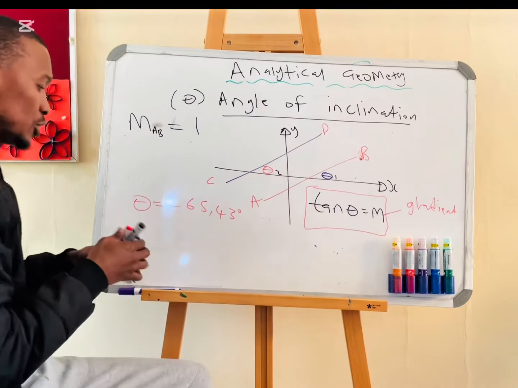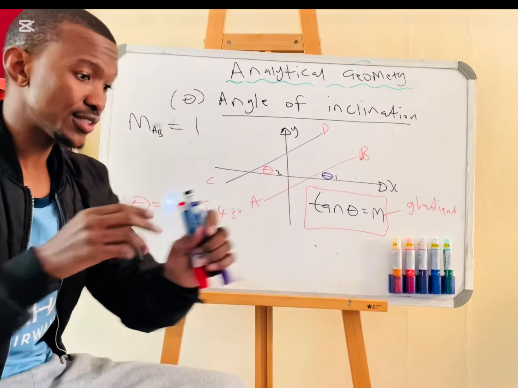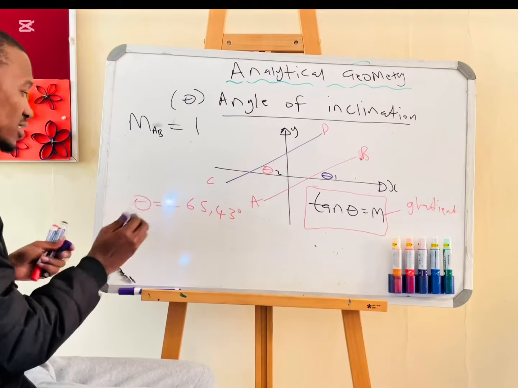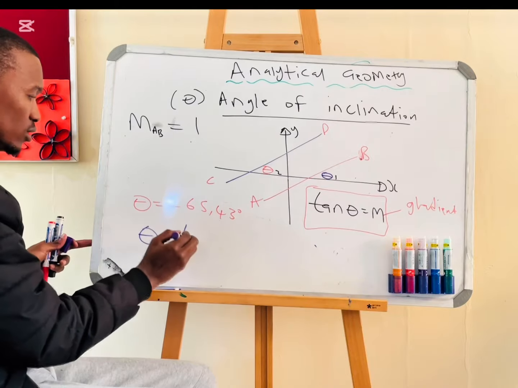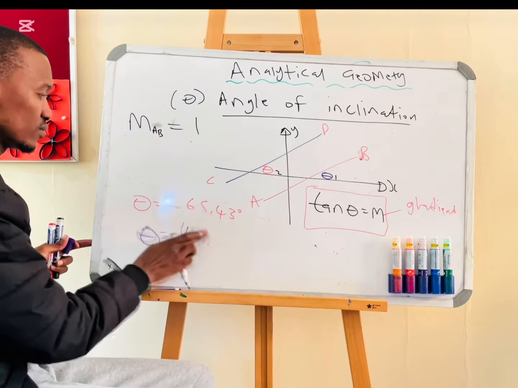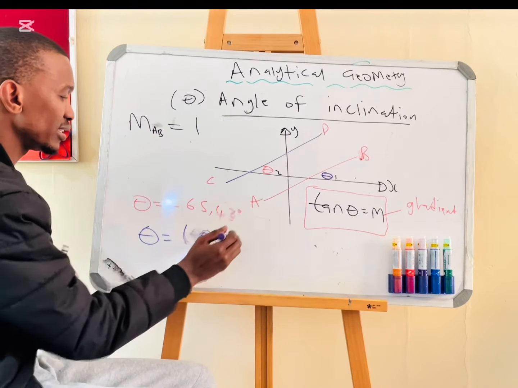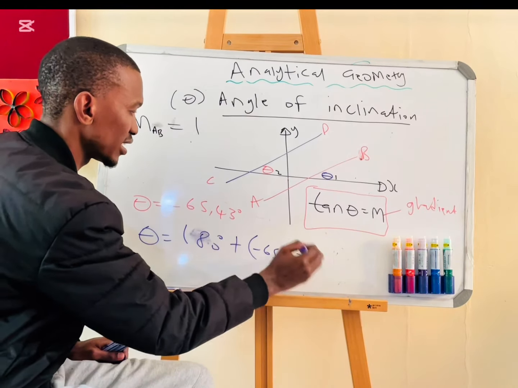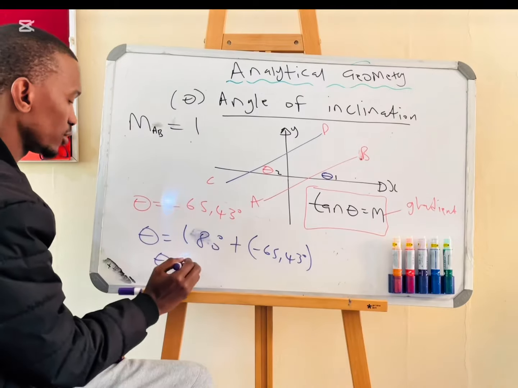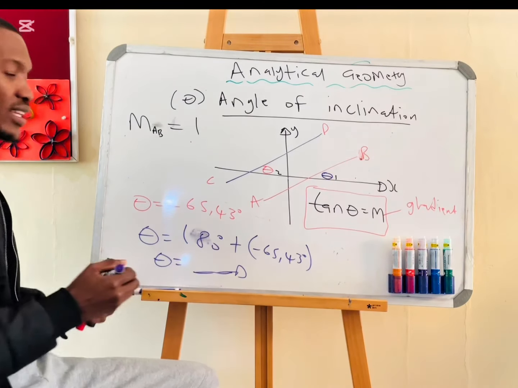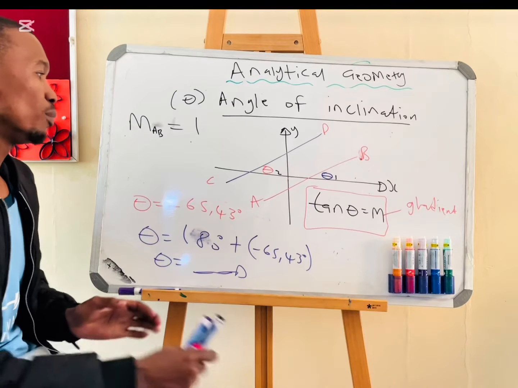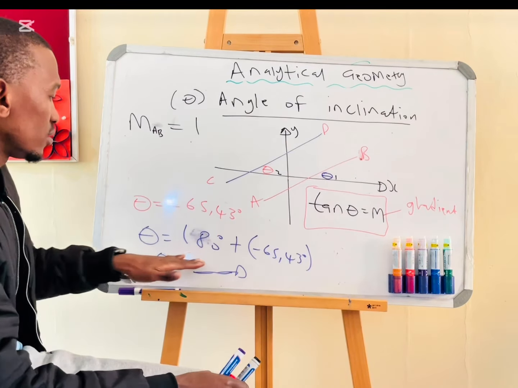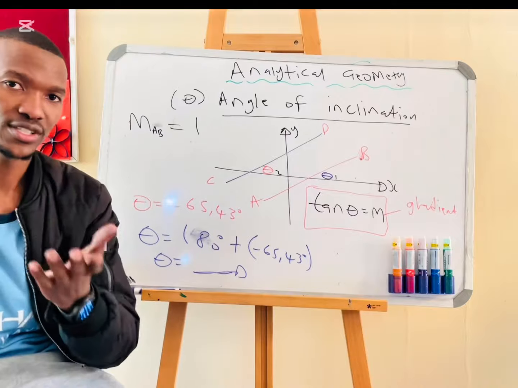Let's just say you made your calculations and you got your angle as minus 65,43 degrees. You're going to say theta equals 180 degrees plus that angle, which is minus 65,43 degrees. And then you're going to get your final answer. So basically you make this your reference angle, and then the final answer is going to be positive.